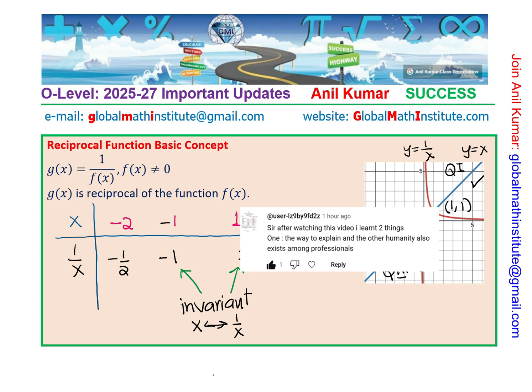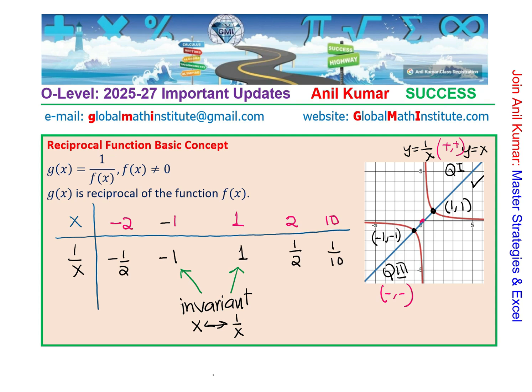For positive, the reciprocal is positive. So the values of both x and y will be negative here, and here they will be both positive. So the graph has a symmetry about the origin and it is placed in quadrant 1 and quadrant 3. Makes sense, right?